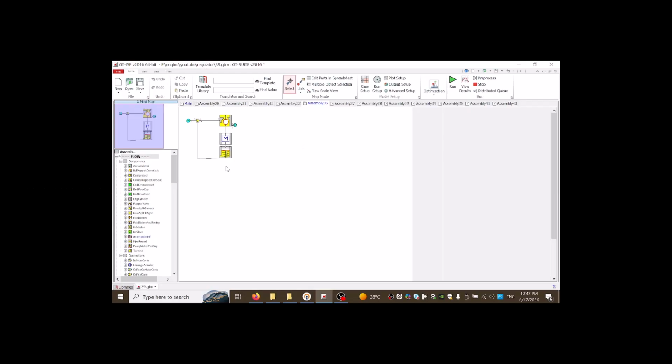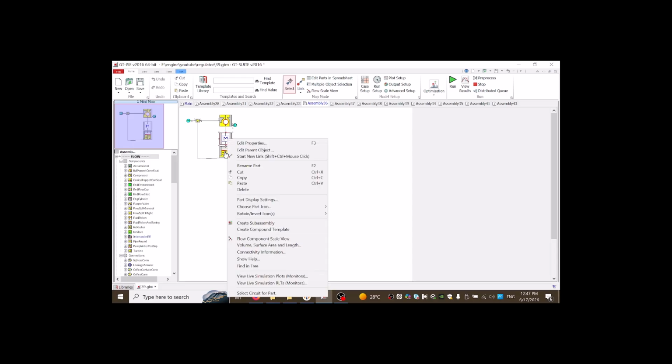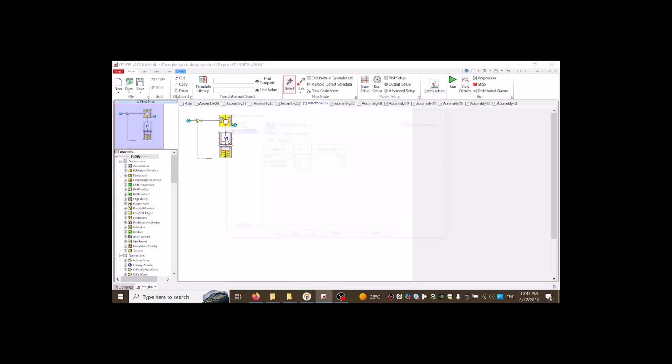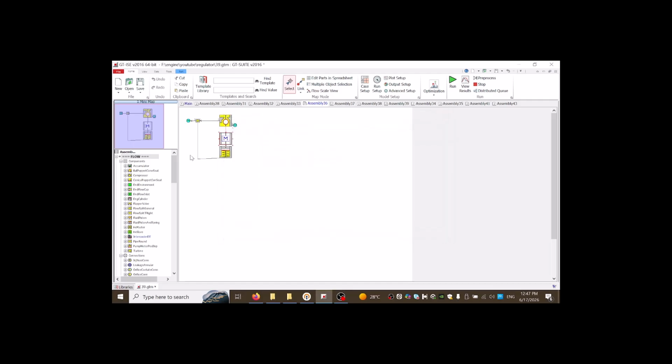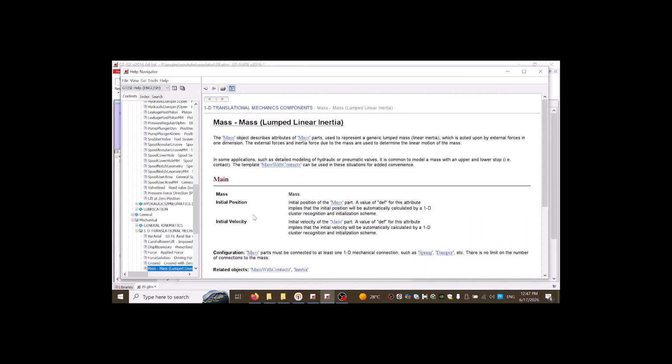Okay, so for the other parts, we have mass and a spring. Let's go, what is this? At first, again, we have the main tab: mass, initial position, initial velocity. The mass object describes attributes of mass parts used to represent a generic lumped mass, which is acted upon by external forces in one dimension.